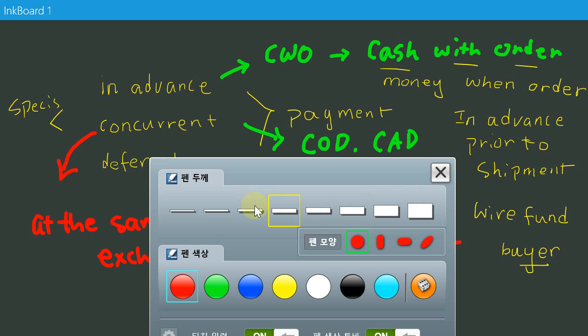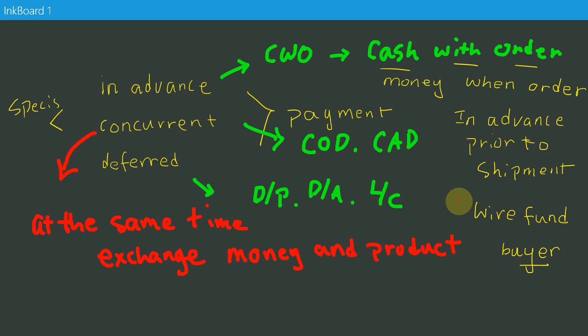The meaning of concurrent is none other than to exchange at the same time money and product. Representing methods of concurrent payment are COD, I told you, and CAD. So I will see these two methods in detail comparing together. Let's move to another screen.